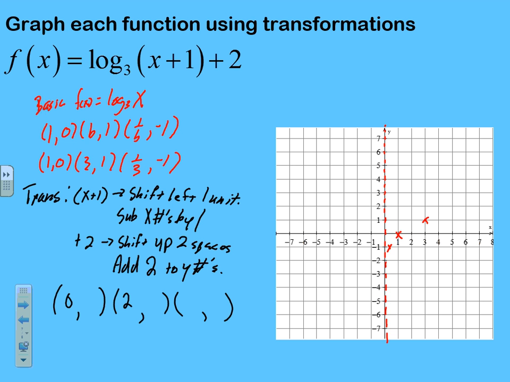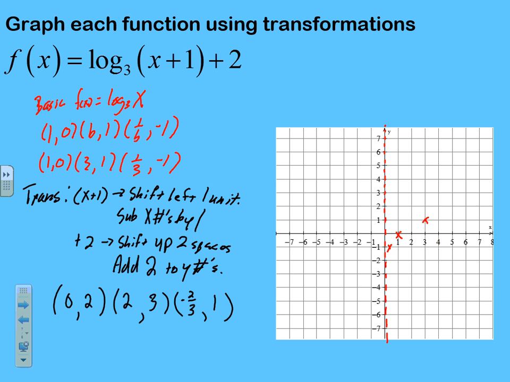And 1/3 minus 1 is going to be negative 2/3. And I'm going to add 2 to all my y numbers. So starting again with the first point, 0 plus 2 gives me a 2 here. 1 plus 2 gives me a 3 here. And negative 1 plus 2 gives me a positive 1 here. So those are the 3 points that we should end up at.